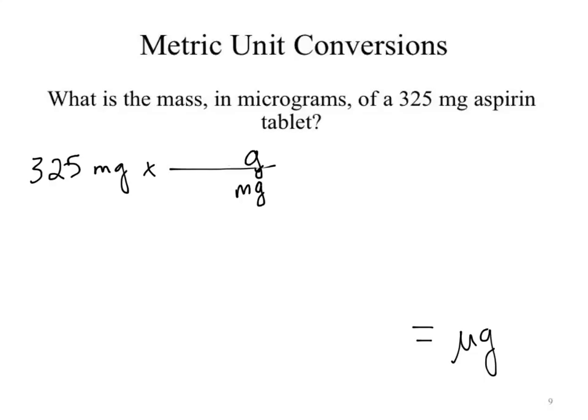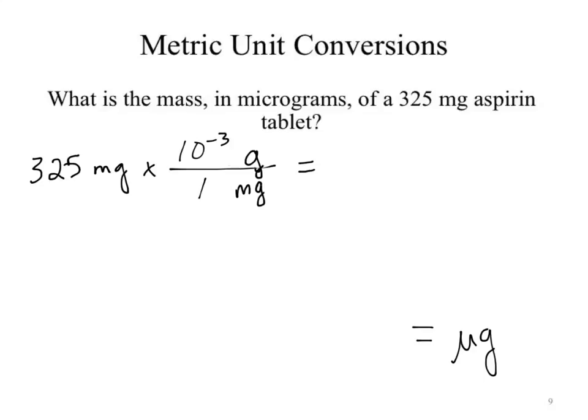So let's set that up. My new answer is now going to be converting it into grams. What's the relationship between grams and milligrams? 10 to the negative third grams is 1 milligram. We go through and do that math.